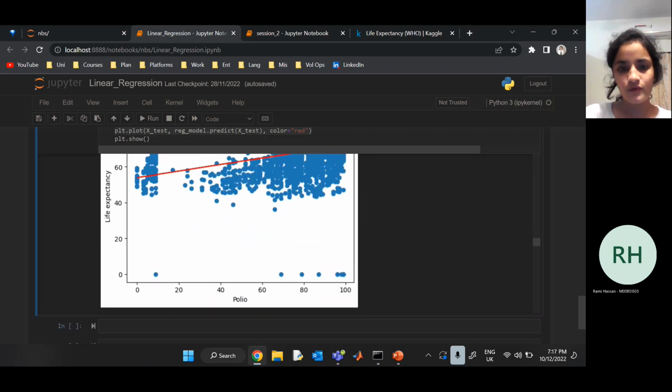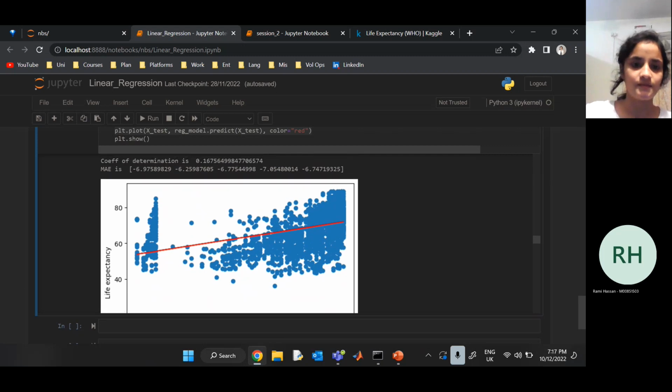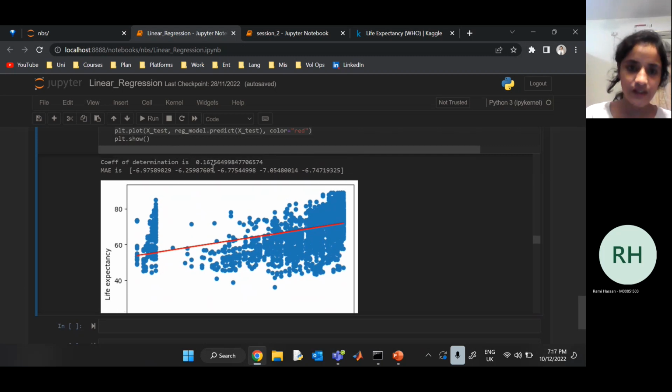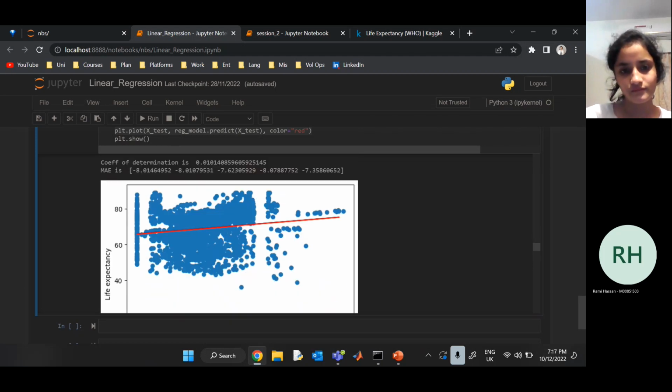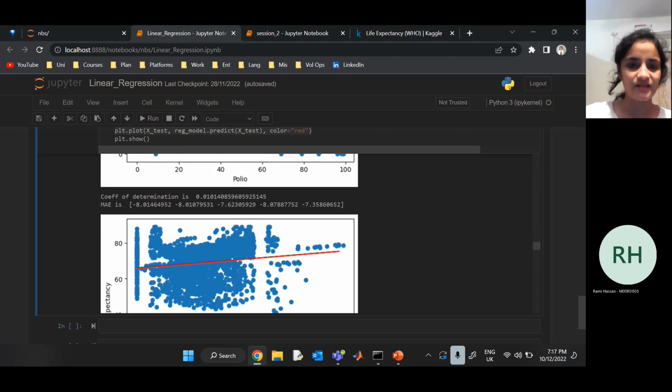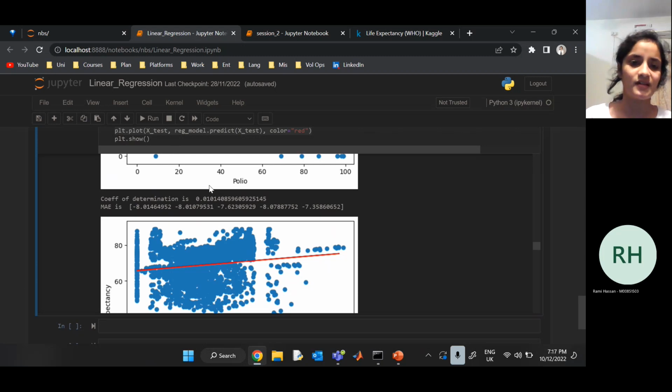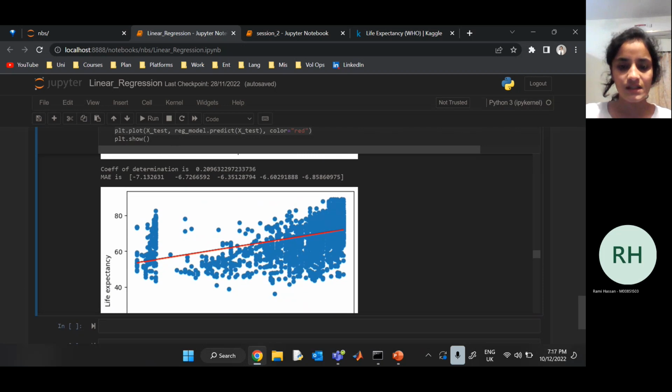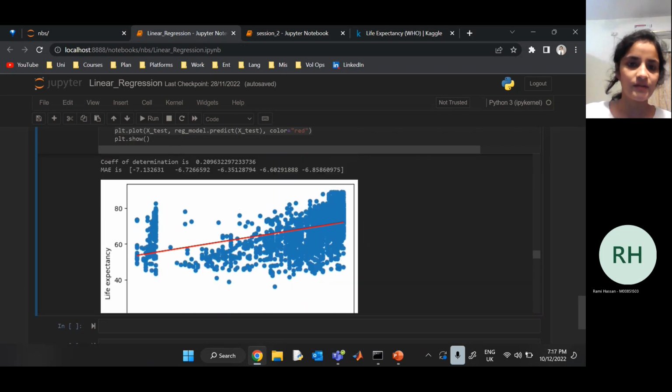Then this is polio vaccines. A slight correlation, and errors are 6 and 7. This is pretty scattered, so obviously I didn't expect anything high. Errors are pretty high. Here it's there a little bit. So our correlation is 0.2, pretty decent, and errors are 6.